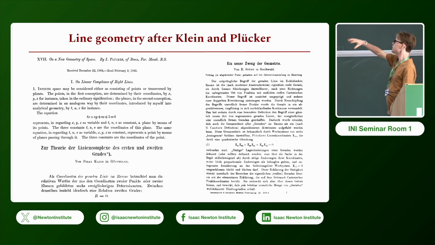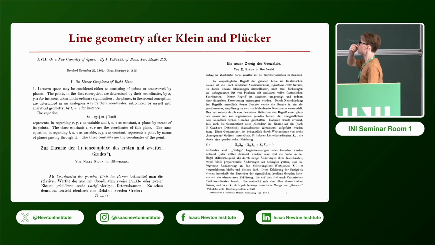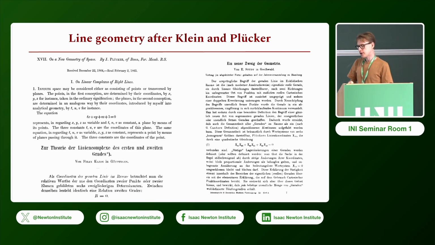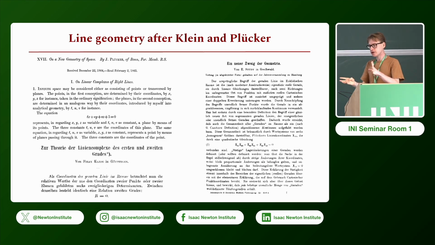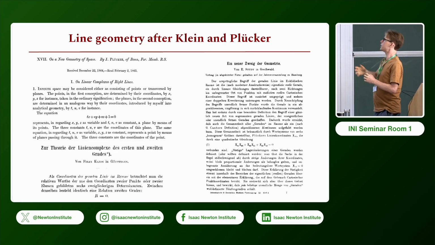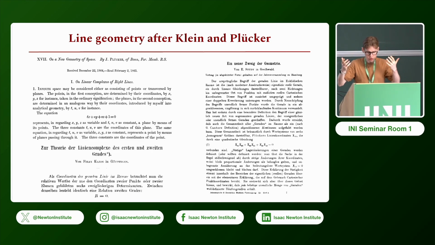this is building upon this important paper by Julius Plücker in 1864, in which Plücker had come up with ways to study straight lines in space. The idea being that a straight line in space depends upon four constants, right?